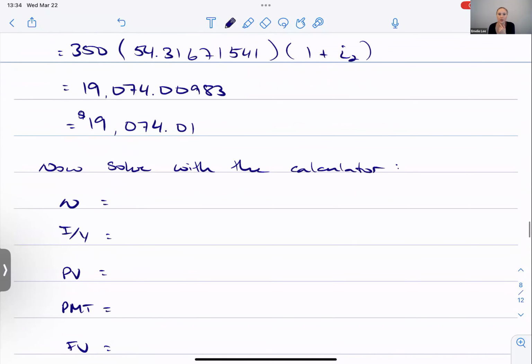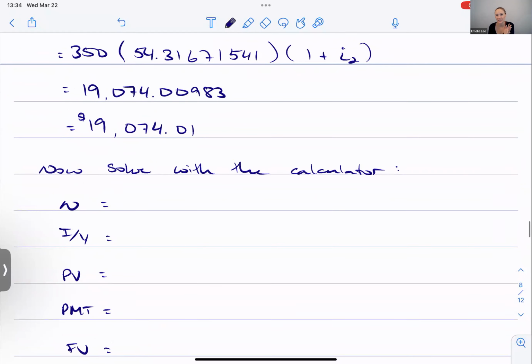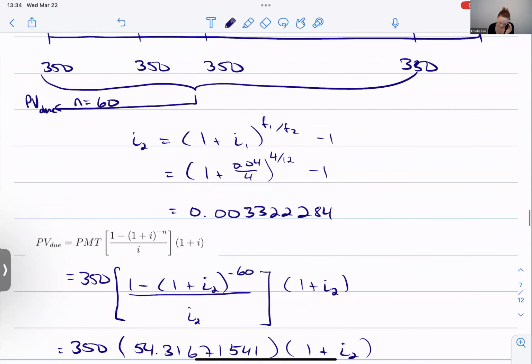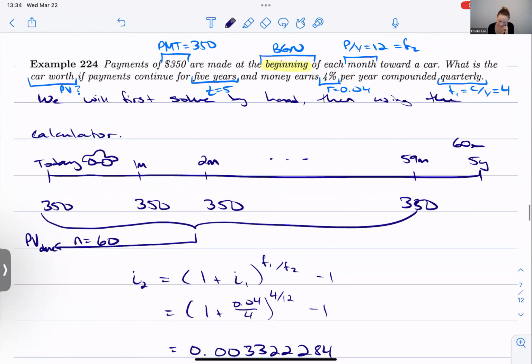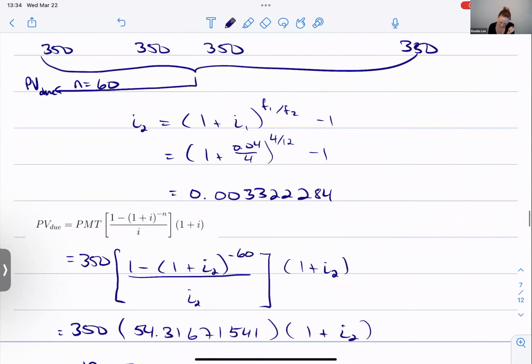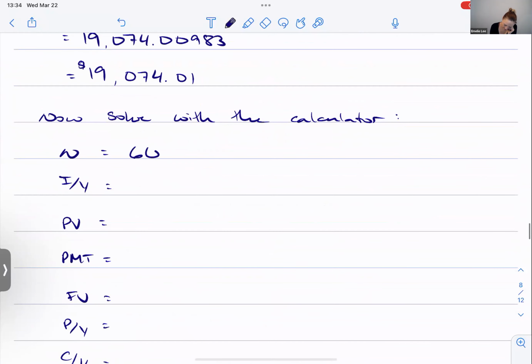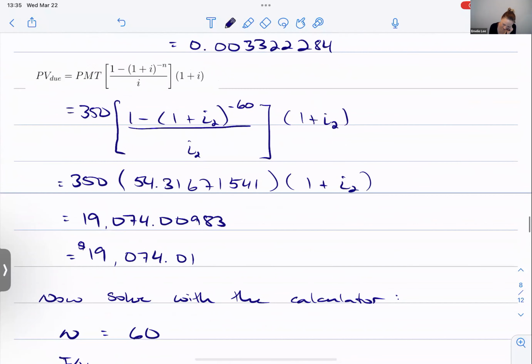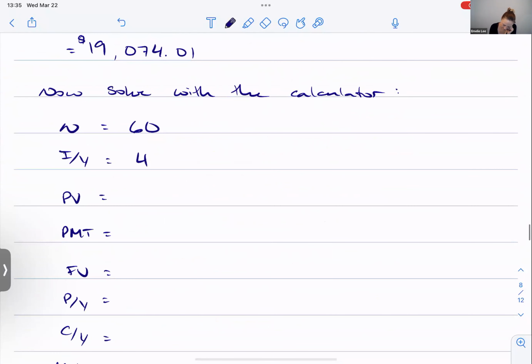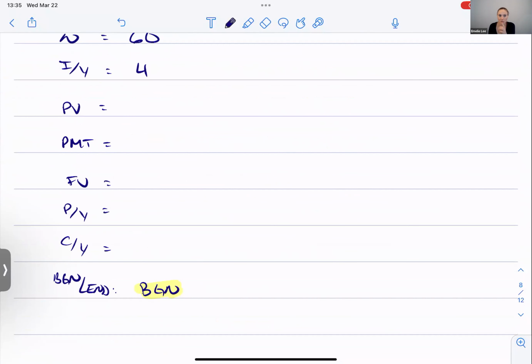So the tricky part with using the calculator, right, is the negatives and the positives. But let's see here. Our N is 60. The interest per year was 4. And it was compounding quarterly. So I'll write that down right away.